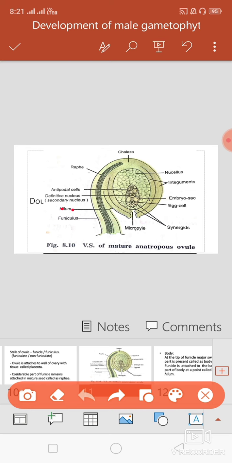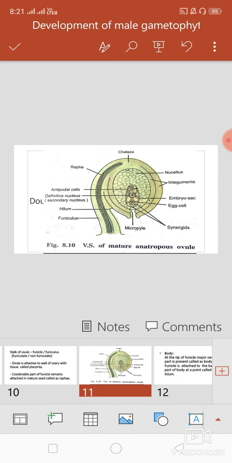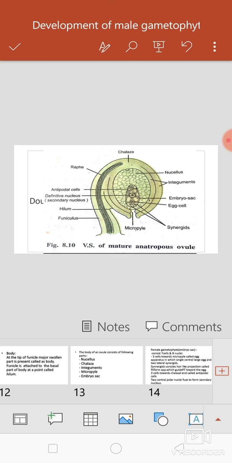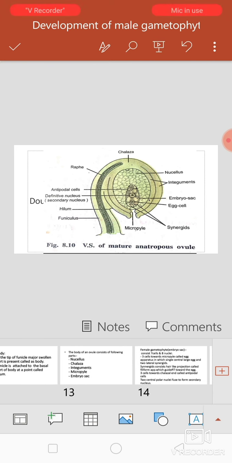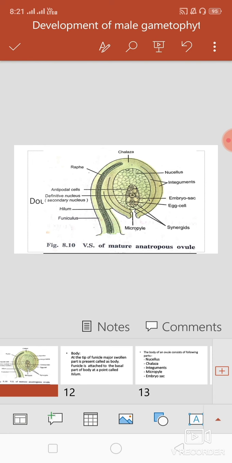Then this embryo sac is monosporic. Why is it monosporic? Because it is formed by a single megaspore. Then it is endosporic because this process takes place inside the megaspore. And it is a 7-celled and 8-nucleated structure. Such a structure is called the polygonum type of embryo sac.